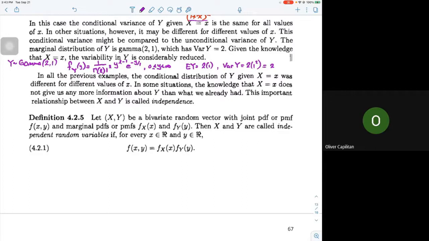Take note, this is true for every real number x and y. If this equality holds only for some real numbers x and y, we cannot conclude that x and y are independent random variables. The equality must be satisfied for every real number x and y.